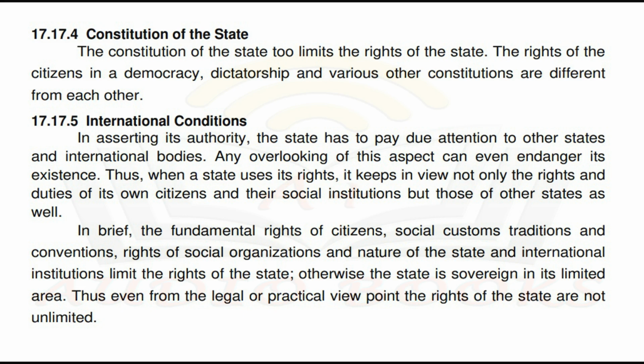In brief, the fundamental rights of citizens, social customs, traditions and conventions, rights of social organizations, and the nature of the state and international institutions limit the rights of the state, otherwise the state is sovereign in its limited area. Thus, even from the legal or practical viewpoint, the rights of the state are not unlimited.